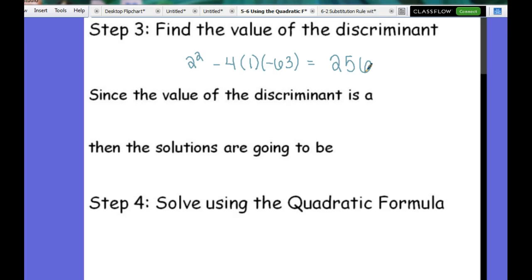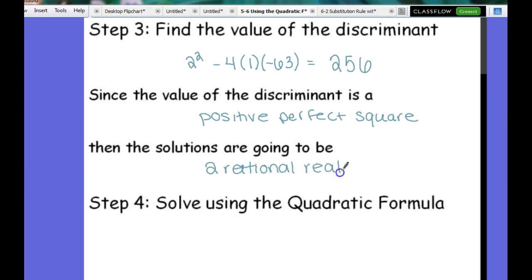So that is a positive perfect square. So if you have a positive perfect square, 2 rational roots. Perfect. Now, plug into quadratic formula.